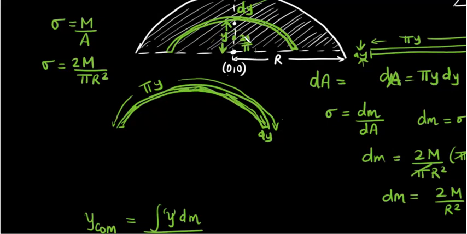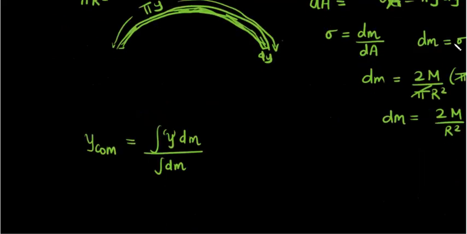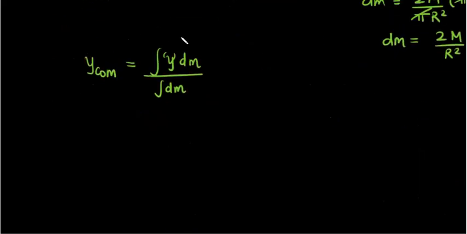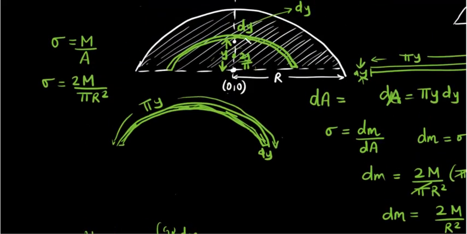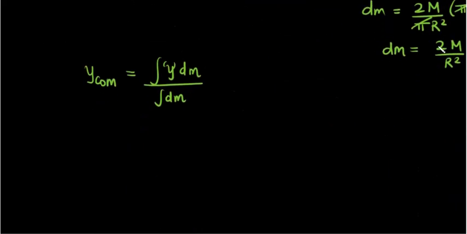So instead of writing y, I will write 2y by pi, because the location of that mass dm can be thought of as if it is located at this height, since this is the height of the center of mass. So for this semicircular ring of mass dm, you can say that the dm mass itself is located at 2y by pi. So on such 2y by pi's we have to integrate.